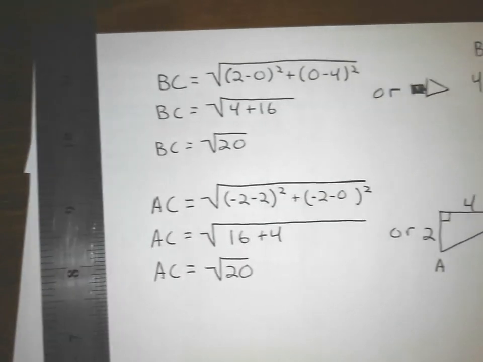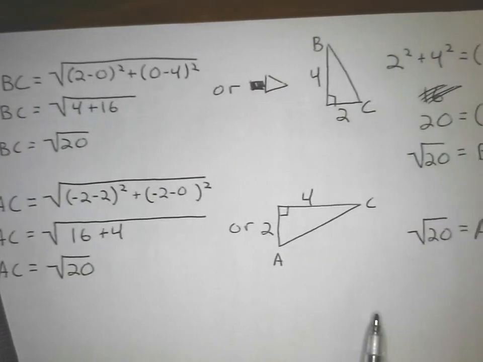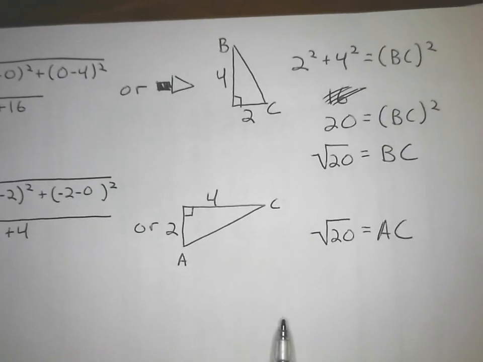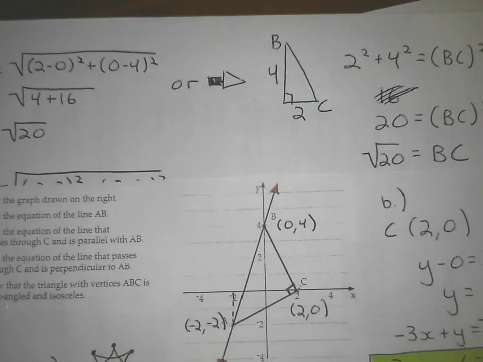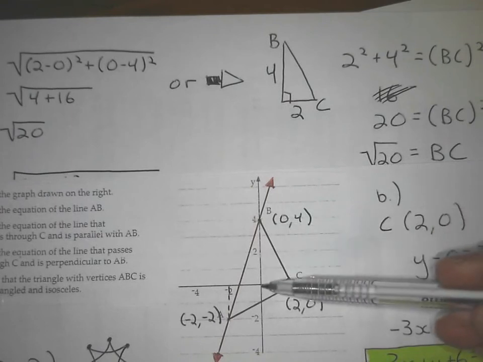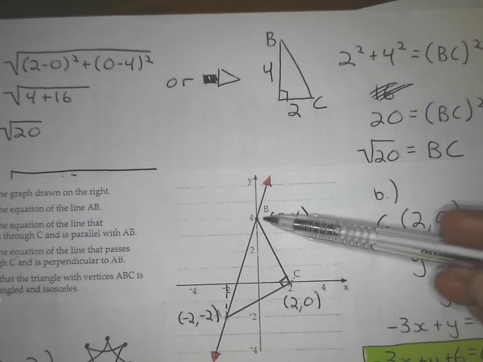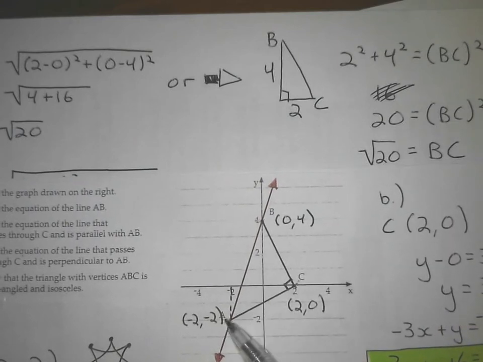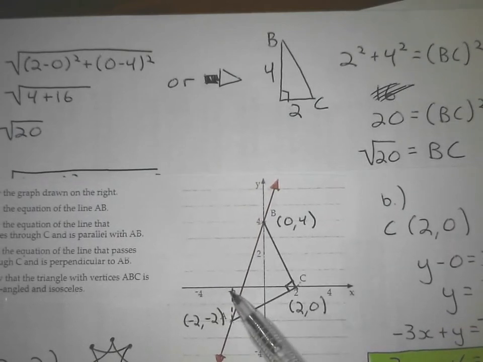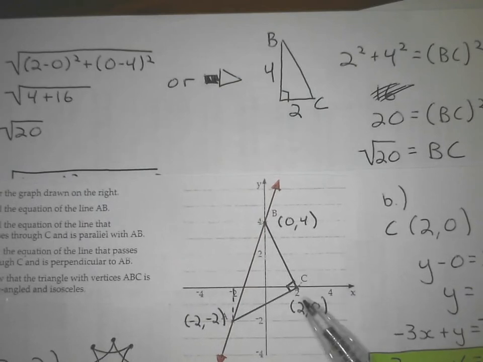Now, if you don't want to use the distance formula, you can always use Pythagoras, because the coordinates that we have aren't decimals or fractions, and it's quite easy to look at this as a right angled triangle. So BC is just the hypotenuse of that right triangle right there, and AC is the hypotenuse of that right triangle right there.